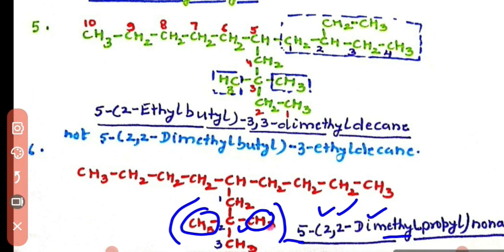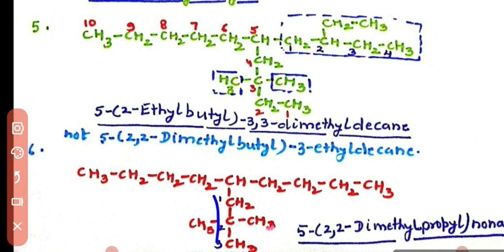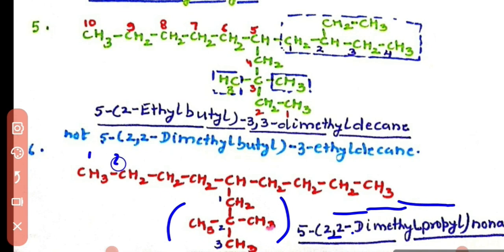So the name of the branch will be 2,2-dimethyl propyl. Propyl means this chain contains 3 carbon atoms and there are 2 methyl branches situated at the 2nd carbon atom, and it should be written in brackets: 2,2-dimethyl propyl.